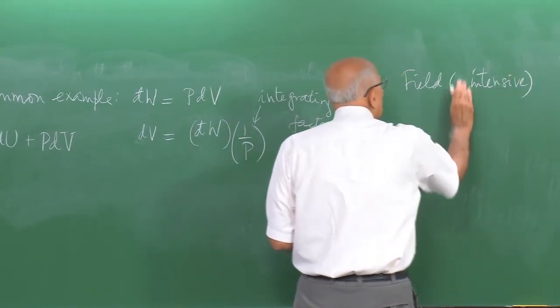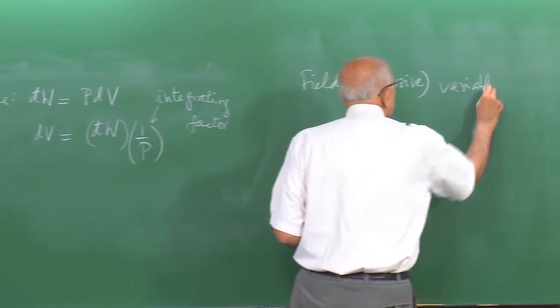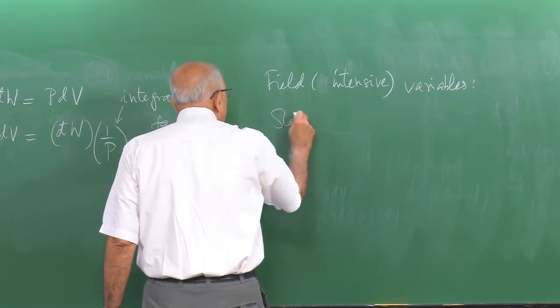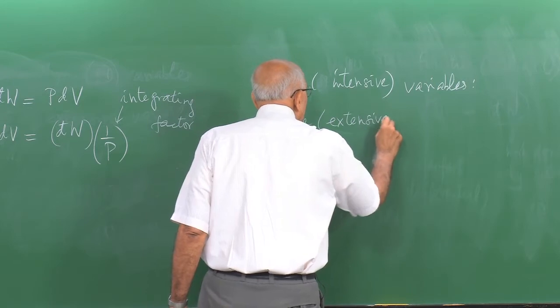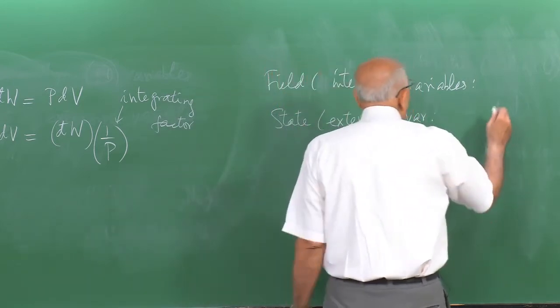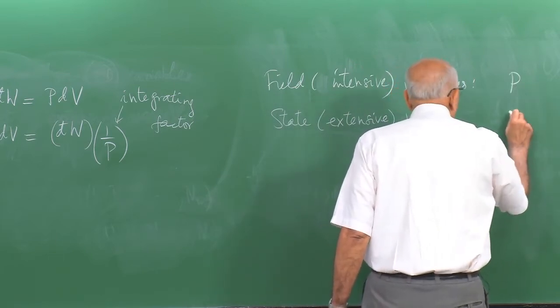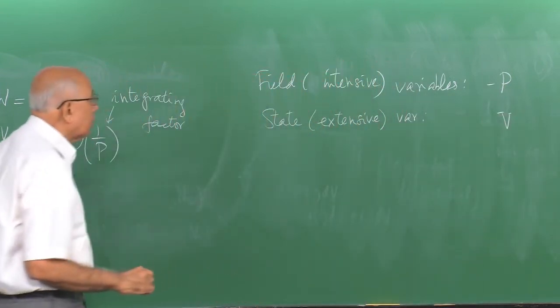Field variables happen to be intensive variables. I give examples right away, and then you have these state or extensive variables, and the most common example is P here and then V, minus P for instance, so that our sign convention is kept straight.